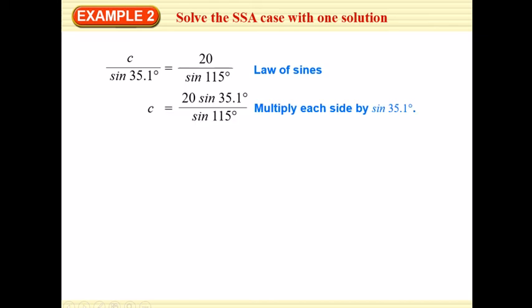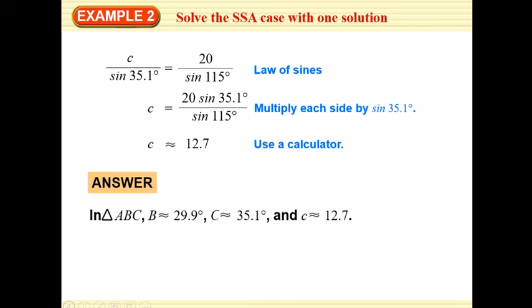Typing that all into my calculator in one step, I get C is approximately 12.7. And so my final answer gives me my two missing angles and my one missing side.